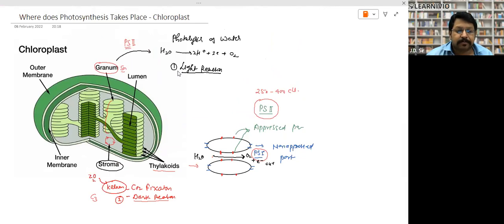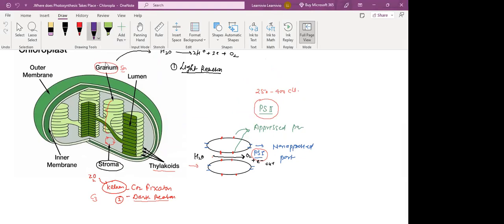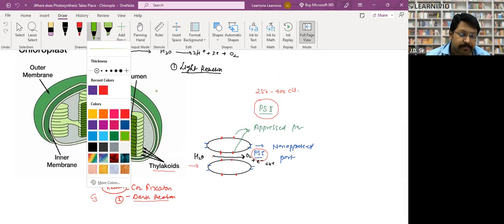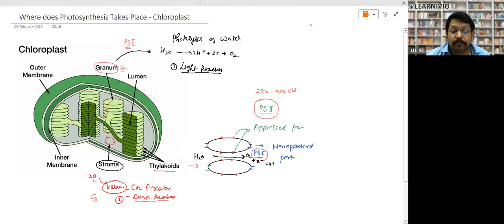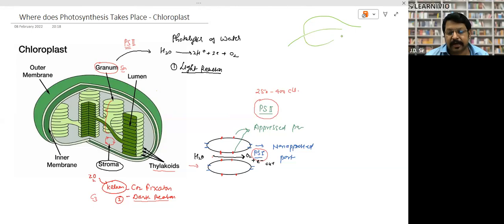Chloroplasts are found in the leaves, that we all know. Leaves have a special kind of cell, the mesophyll cells. Very good, excellent.